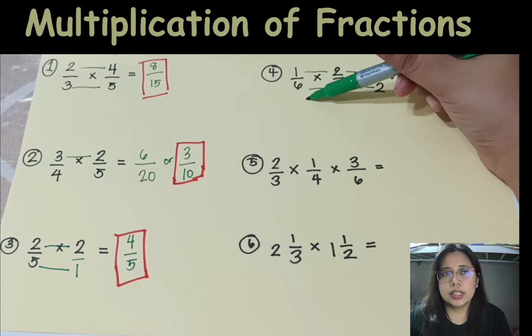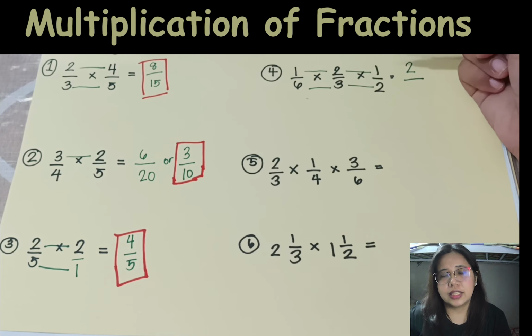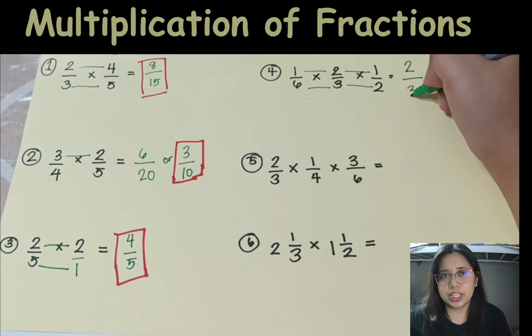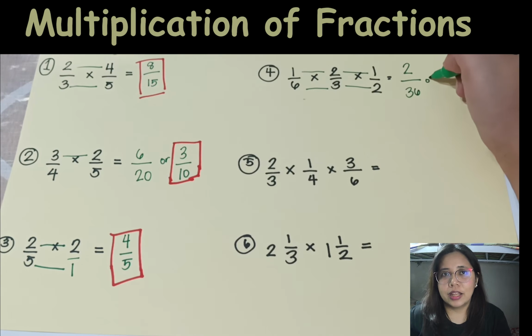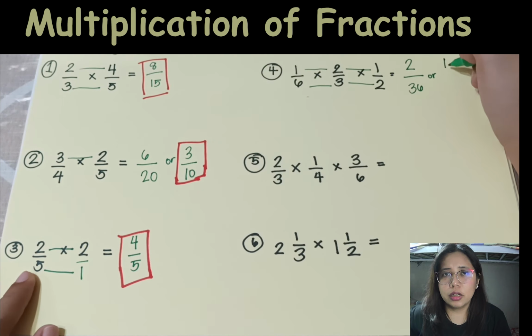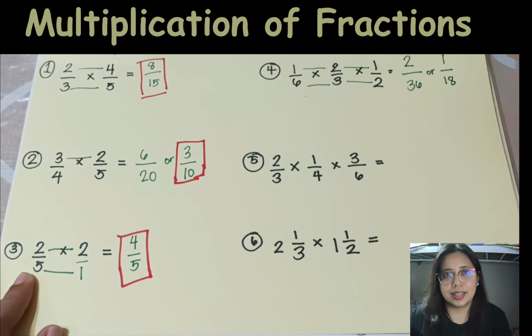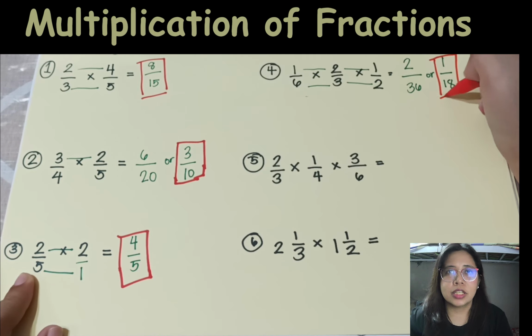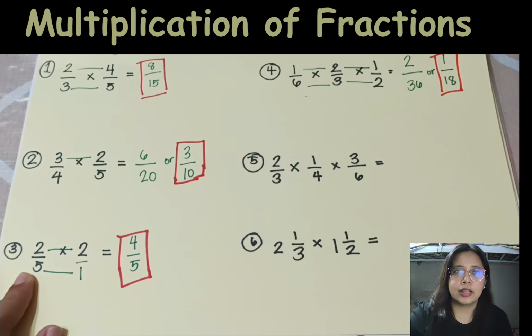And then, 6 times 3, that's 18 times 2 is equal to 36. Okay. And convert natin sa lowest form and we'll get 1 over 18. Okay. So 1/6 times 2/3 times 1/2 is equal to 1 over 18.